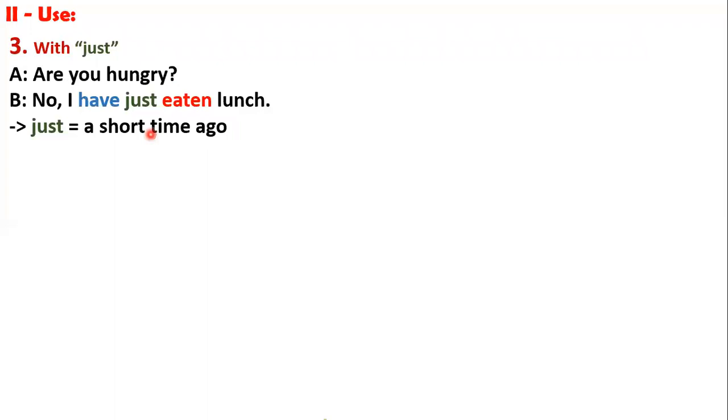Now, this is most of the time specific to American English. It is not grammatically correct, but it is used in spoken English. If you use it in the exam, it will be incorrect, of course. When you have just, you have to use the present perfect. I have just eaten lunch.